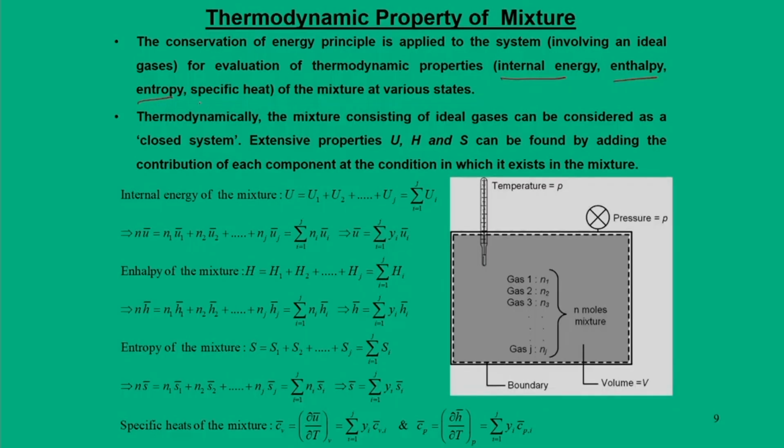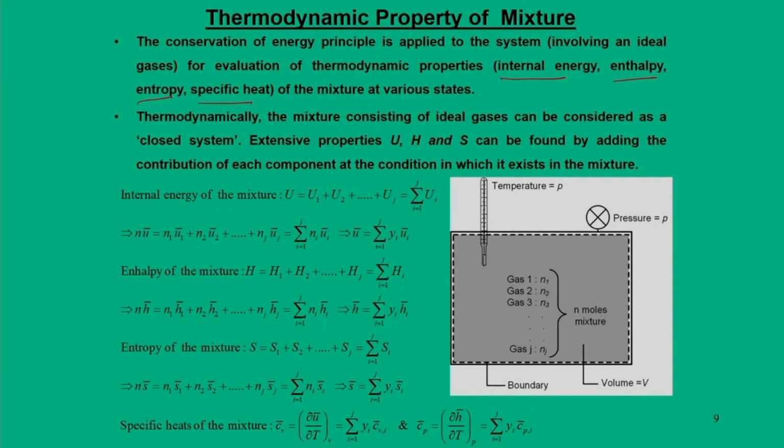Now, knowing all these things, we are in a state that we can find out other properties of the mixture, as we also know mass fraction as well as mole fractions. Other properties I mean internal energy, enthalpy, entropy, specific heat.